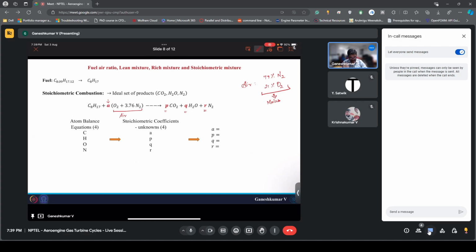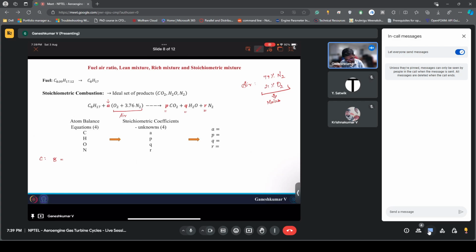Okay, so what would be those equations? Let's say if I want to write, C would be, you have 8 atoms in C8H17, and you don't have anything in R. So on the left hand side you have only 8.